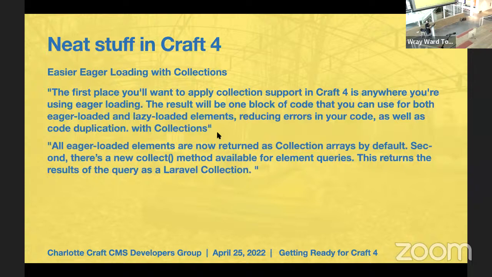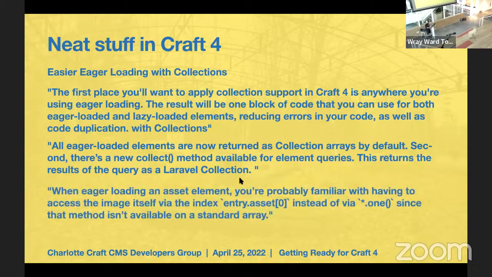All eager loaded elements are returned as collection arrays by default now. So you don't have to do anything special. If you're eager loading something, it's going to give you that specific array already. You can use the collect method on top of that for your element queries, and that returns that query's results as a Laravel collection along with an array of your eager loaded elements.